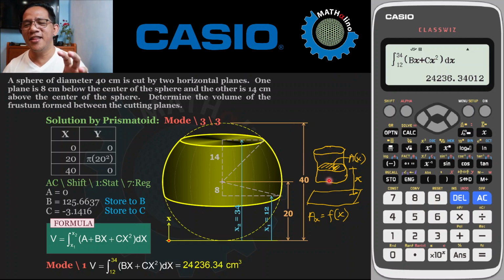If it is higher than third degree, or if it is not a polynomial function of this distance, then it is not a prismatoid. You cannot apply the solution.